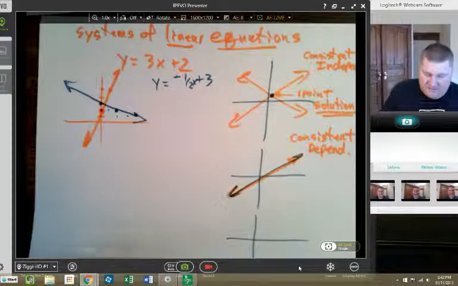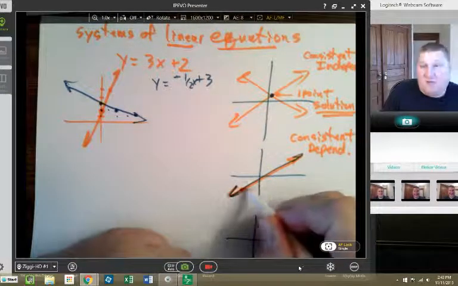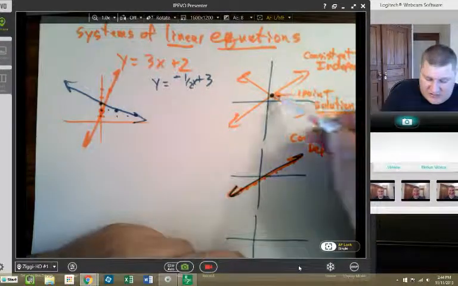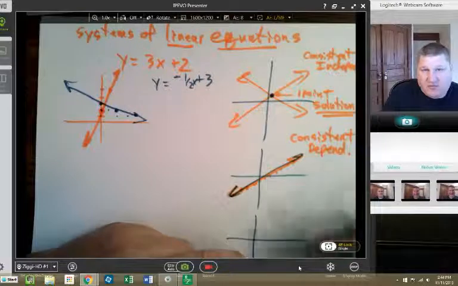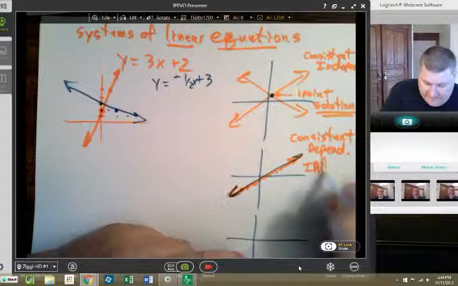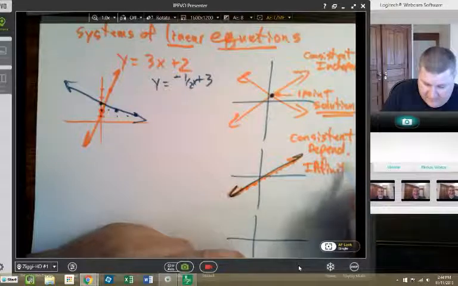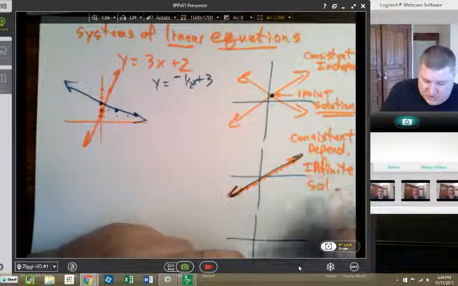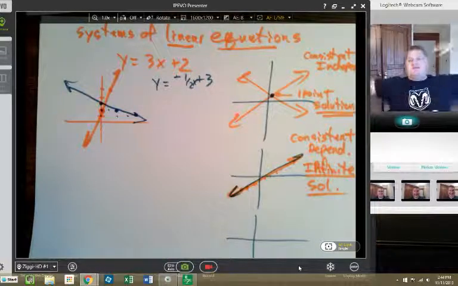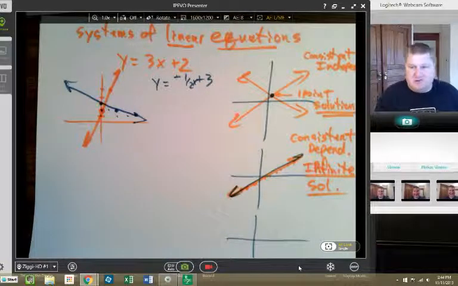So they're consistent and dependent. The thing about it is every point on one line is actually on the other line. So instead of just having one point where there's a solution, we actually have infinite solutions. Infinite solutions means there's no limit to the number of solutions that we have.